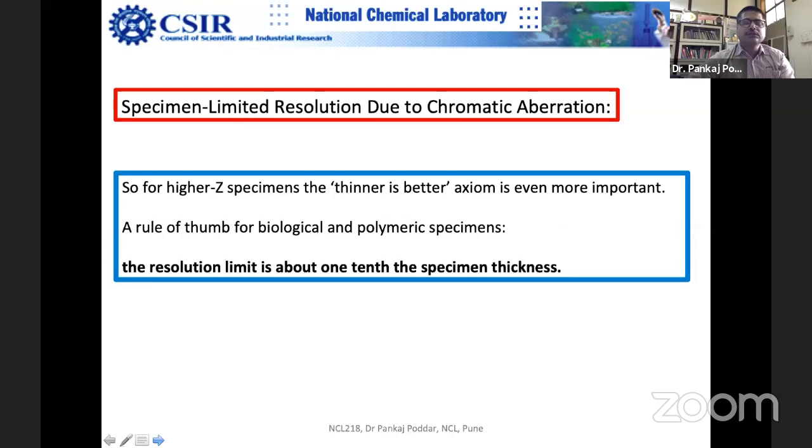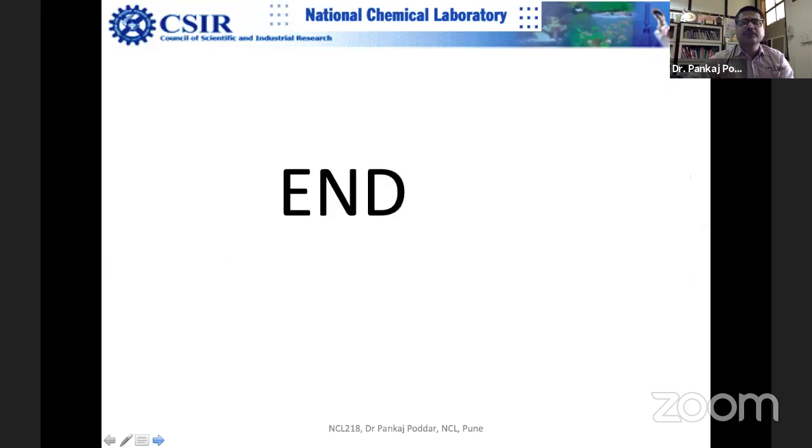Because if you do not understand those concepts, you will not understand the application. So the application is: the thinner the better. How much thinner? Now you have the number. How did this number come? You know the reason. The resolution limit is around 1/10 of the sample thickness.